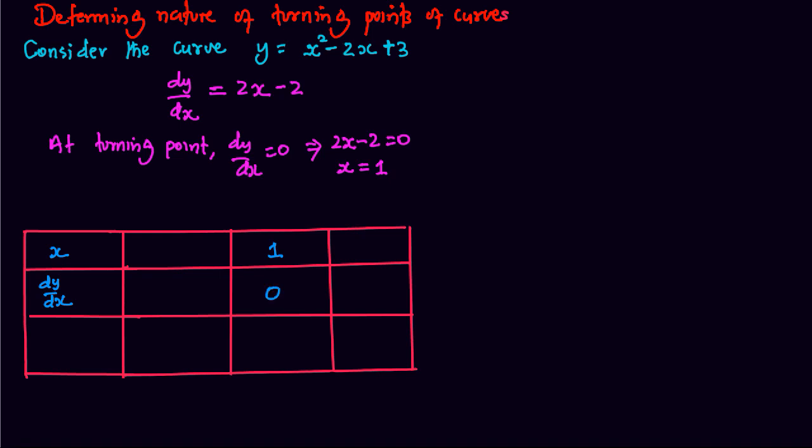Take a value to the left of x is equal to 1, at x is equal to 0, the dy dx will be negative 2, and at x is equal to 2, the dy dx will be positive 2.